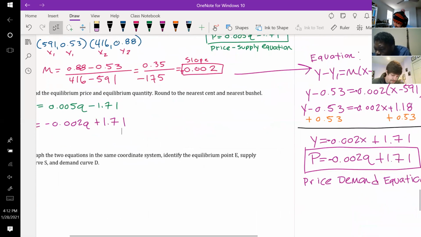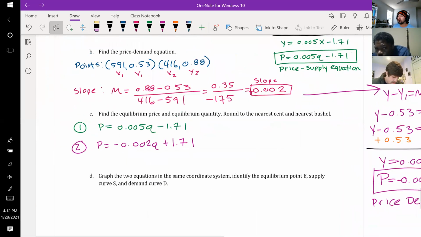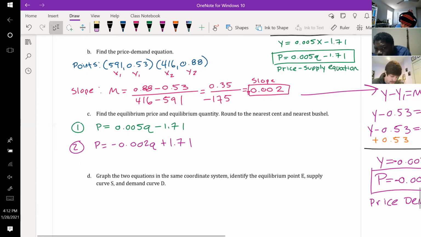So if we put that system together, just make sure everything's right, we are going to go ahead and eliminate P. Let's get rid of P. So to get rid of P, all I have to do is take an equation. Let's say equation 1. I'll zoom in a little more.